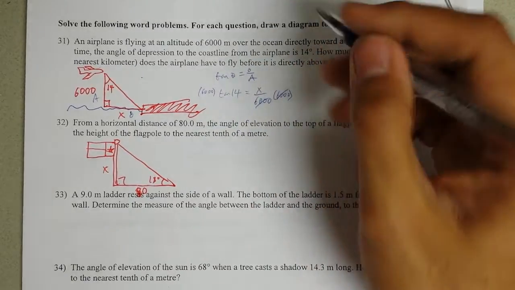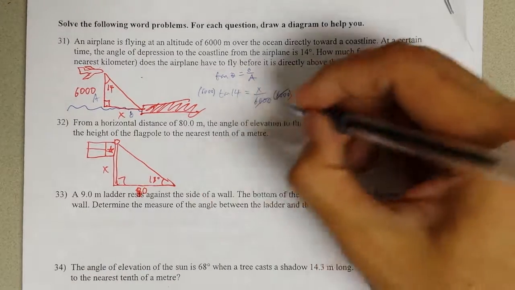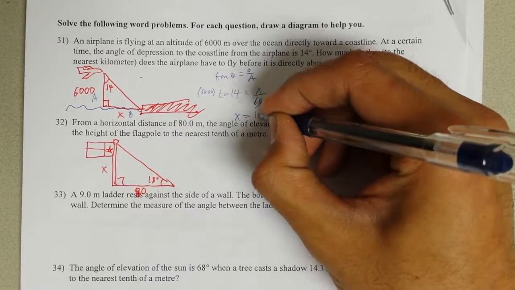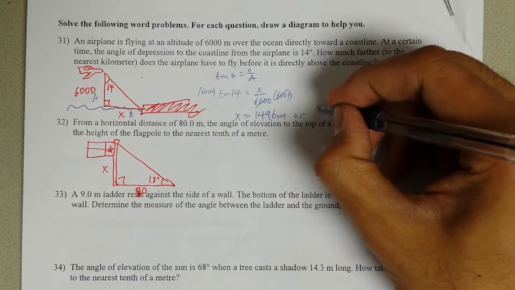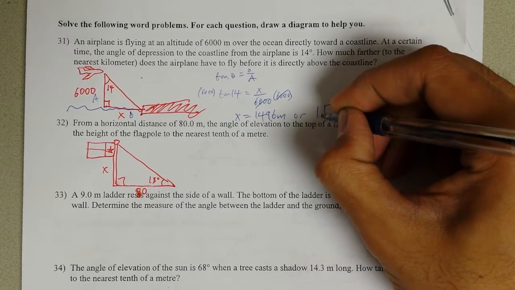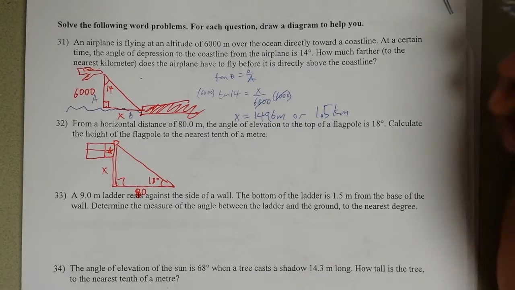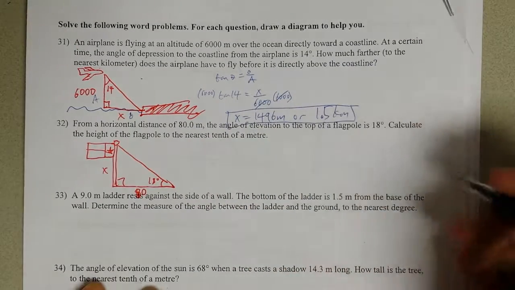That reduces, so you have 6,000 tangent 14. So x is equal to 1496 meters, or you can say 1.5 kilometers. Okay, that's the first one up here.